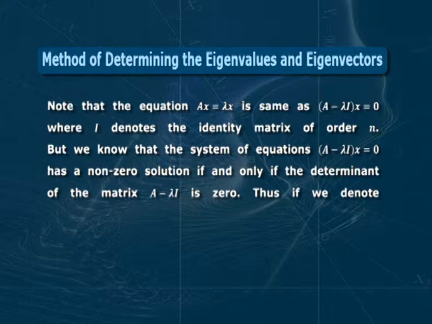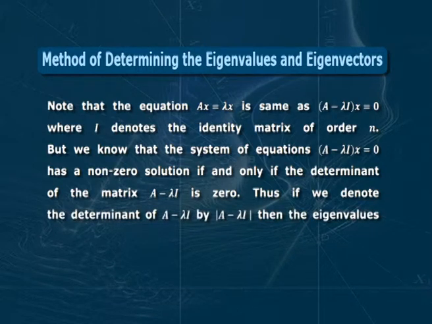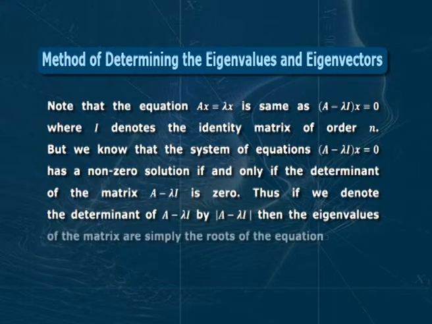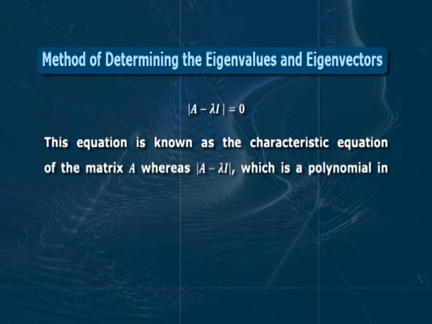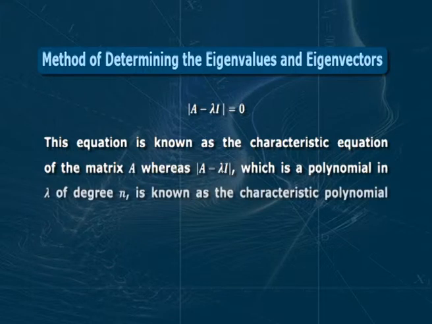Thus, if we denote the determinant of A minus lambda I by mod A minus lambda I, then the eigenvalues of the matrix are simply the roots of the equation mod A minus lambda I equal to 0. This equation is known as the characteristic equation of the matrix A, whereas mod A minus lambda I, which is a polynomial in lambda of degree n, is known as the characteristic polynomial of the matrix A.